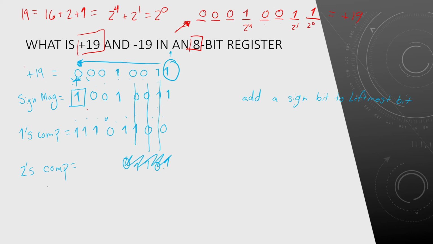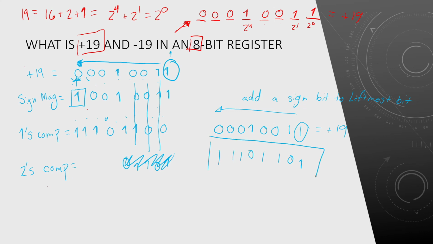Lost my way. So let's do it over here. 0, 0, 0, 1, 0, 0, 1, 1 equals positive 19. And in 2's complement, it's 1. Keep this 1. Invert. 1, 1, 0, 1, 1, 0, 1. And this is 2's complement.